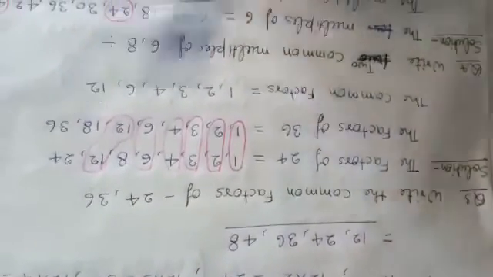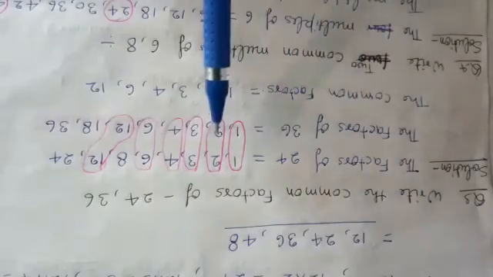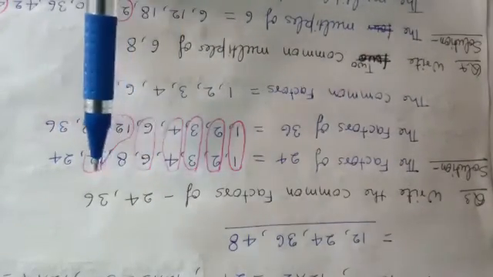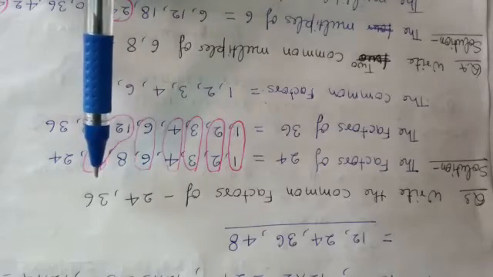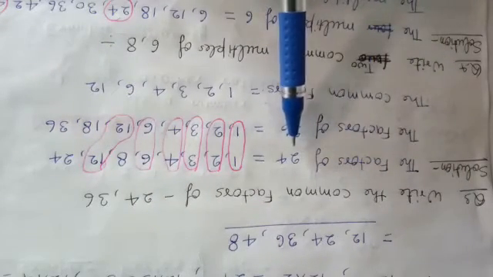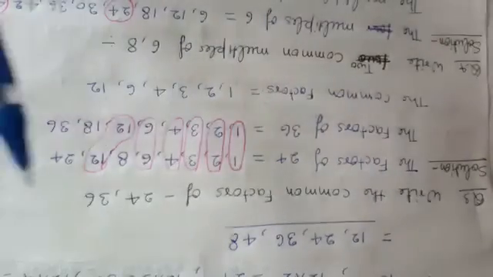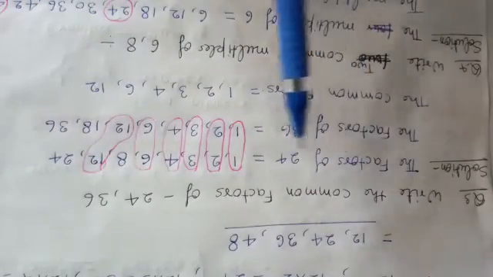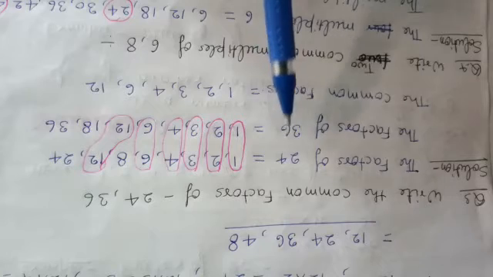The next question is: write the common factors of 24 and 36. The factors of 24 we also got in the previous question. The same method we apply to find the factors of 24 and 36.